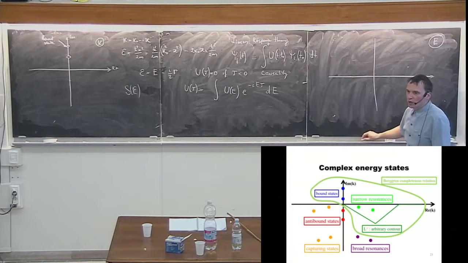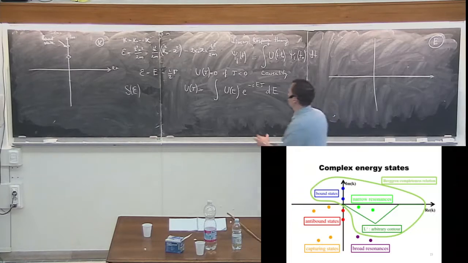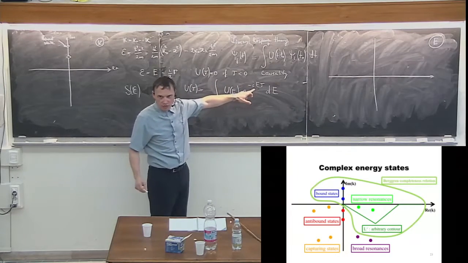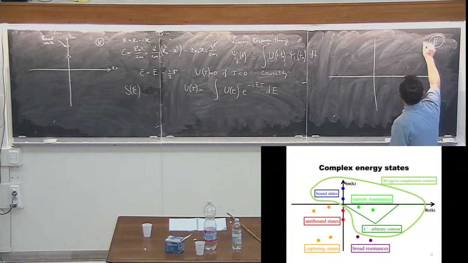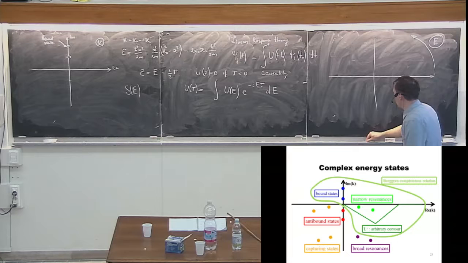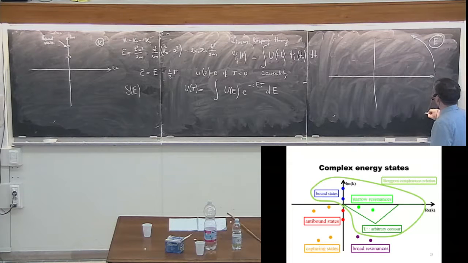Okay. So now how do I need to close this integral? I would like to close it somewhere, either up here, this is one option, or I'd like to close it down here, coming back. This is my other option. Okay, so then the question is, how is it going to behave? Let's say I have a pole, which is e minus I gamma over 2, where gamma is positive.